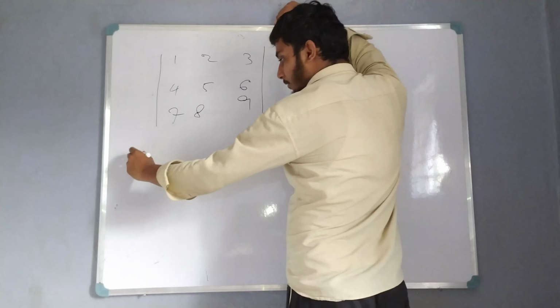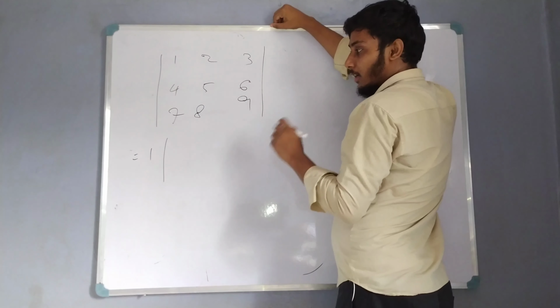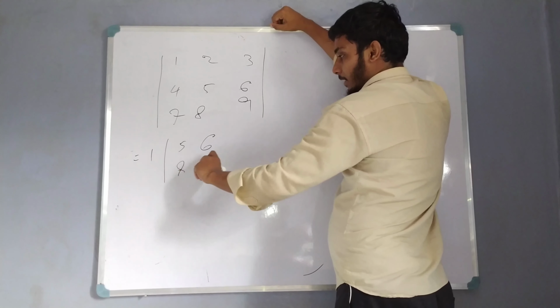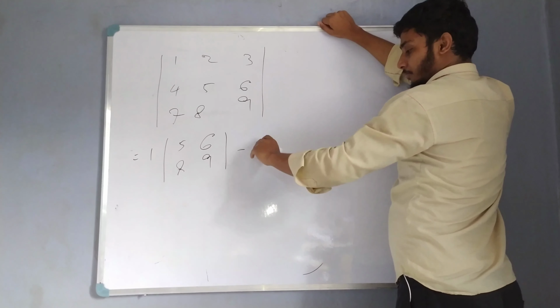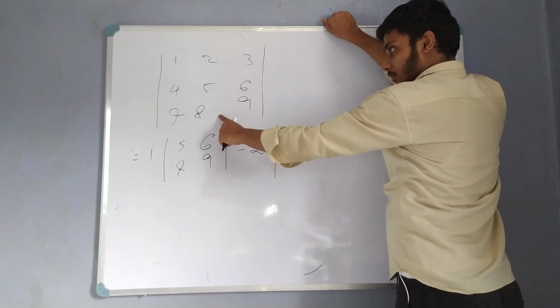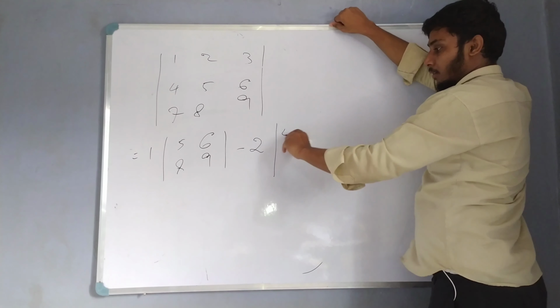How will you expand? You will have to take 1 first and then write the corresponding second order determinant. So it will be 5, 6, 8, 9. Now take minus and take 2. After taking 2, you have to eliminate this column and this row. So you will get 4, 6, 7 and 9.